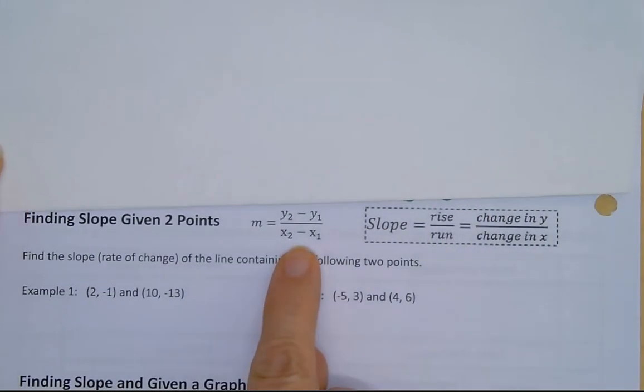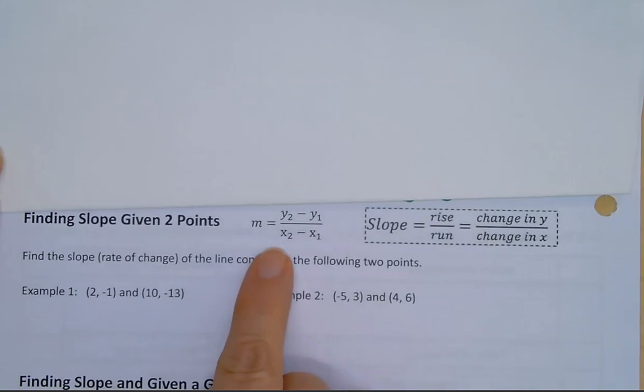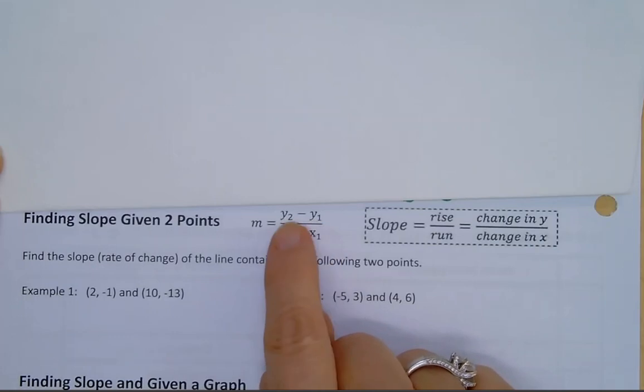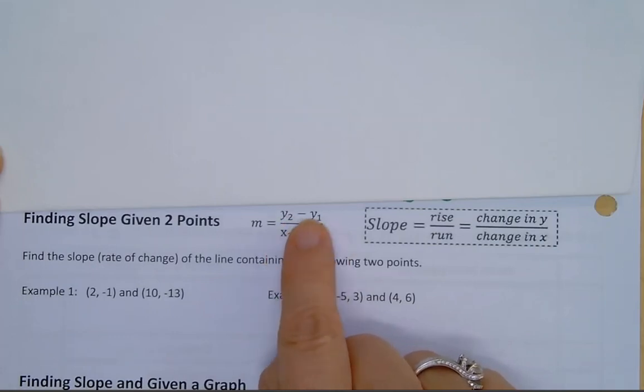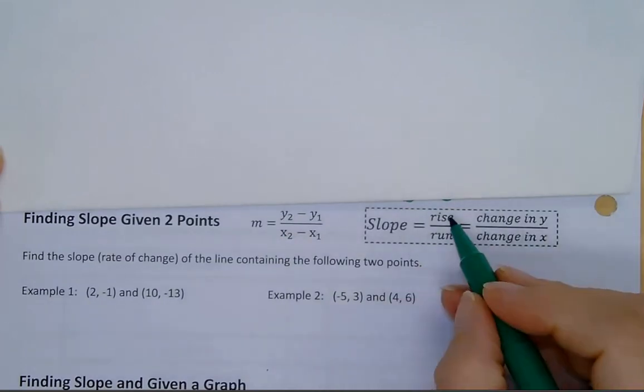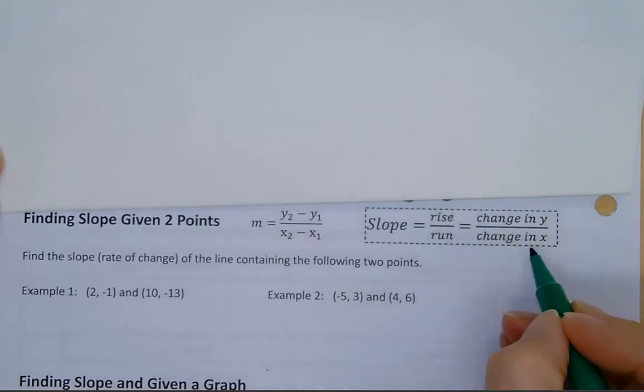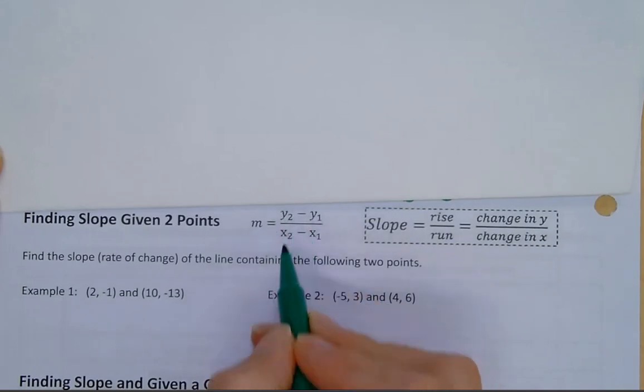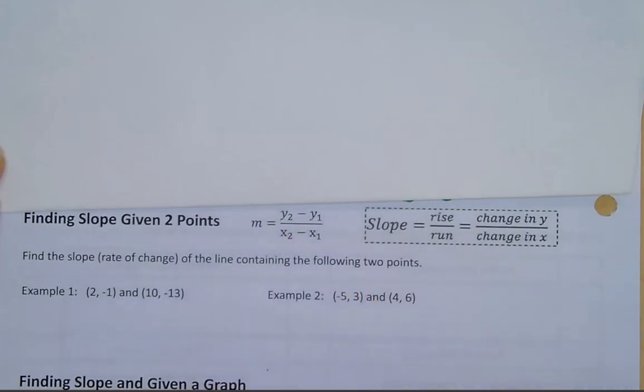M, remember m is slope, so m is y sub 2 minus y sub 1 all over x sub 2 minus x sub 1. This is the same thing as saying the difference from one y to another, or the change in y over the change in x. Slope is the rise over the run, it's the change in y over the change in x, or y sub 2 minus y sub 1 over x sub 2 minus x sub 1.